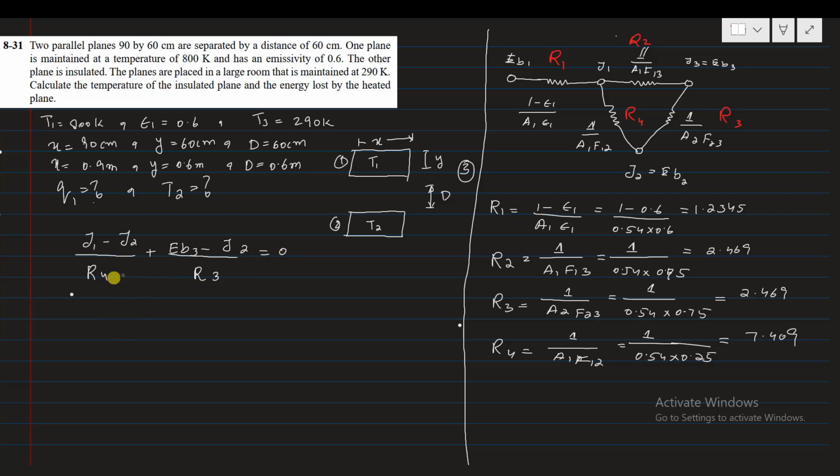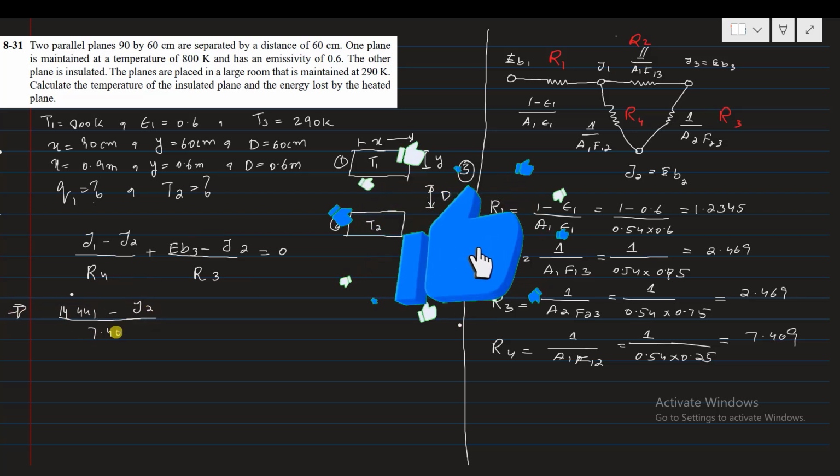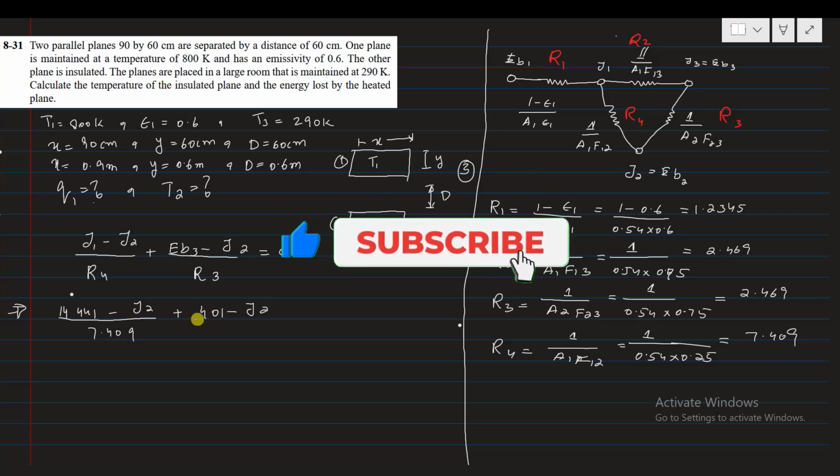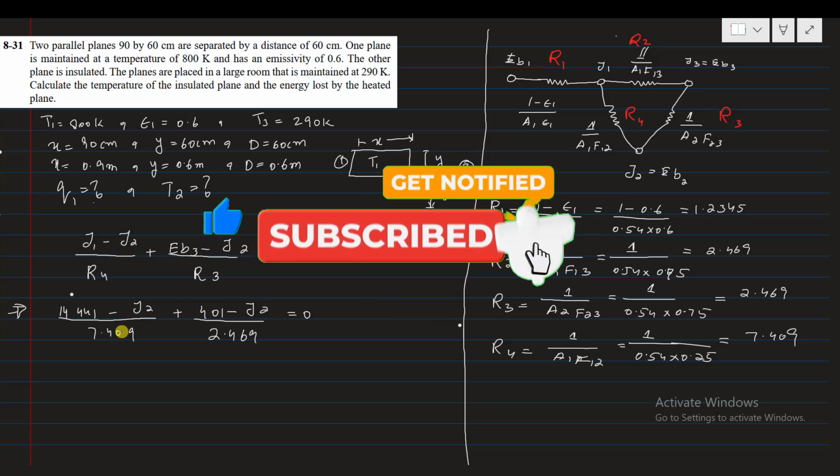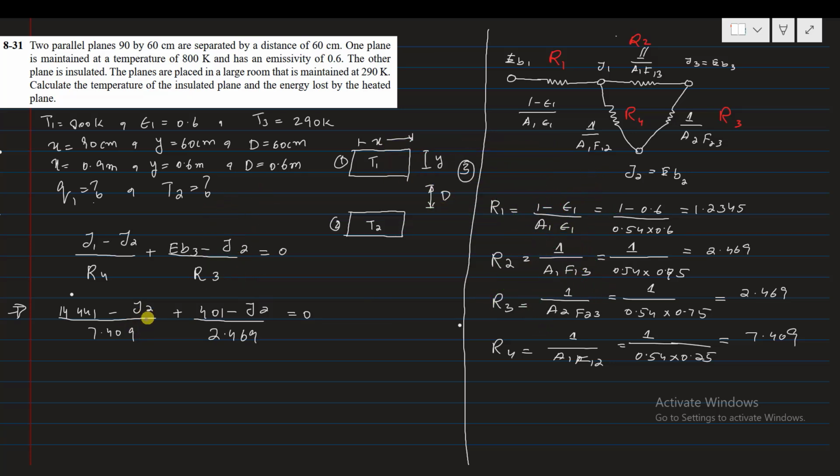Now put the values into these equations. Here the J1 value is determined, the EB3 value is already determined, and R4 and R3 values you can see from here. So I'm entering the values now. Now simplify these equations to find the value of J2.